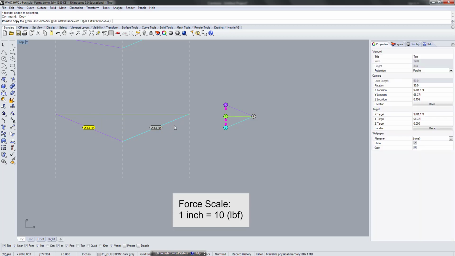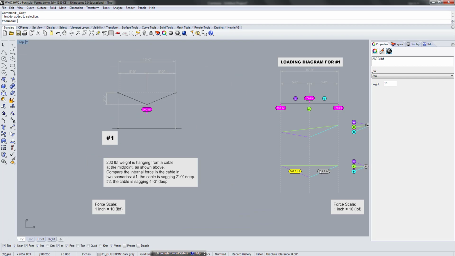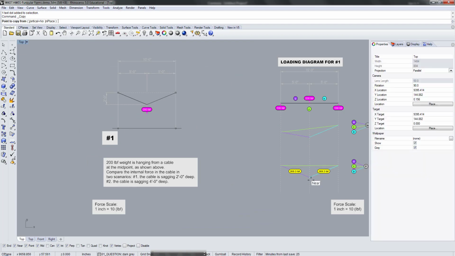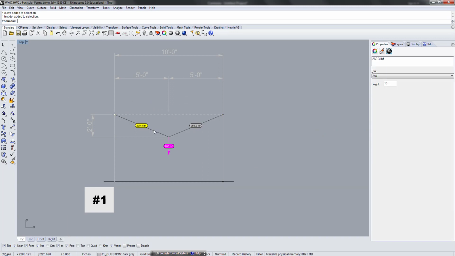So this one also has an internal force of 269.3 pounds. Therefore we can say that the tension in these cables, respectively, is 269.3 pounds for both.